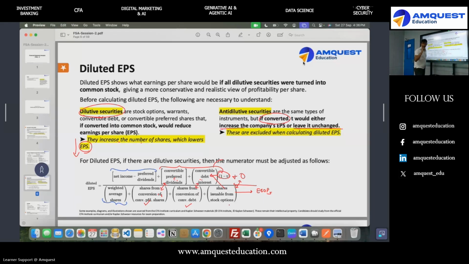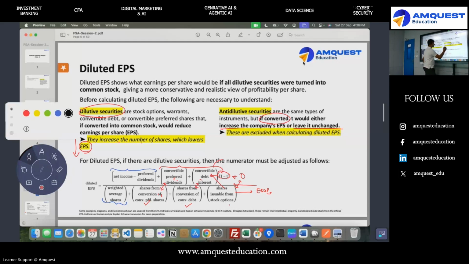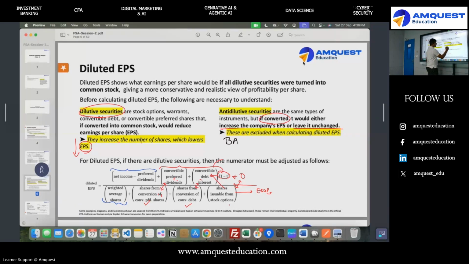Now listen very carefully to this logic, guys. Suppose my basic EPS was in the earlier sum 2 rupees. I added the savings, and luckily my savings was greater. So now my EPS became 3 rupees. After doing dilution, I got 3.